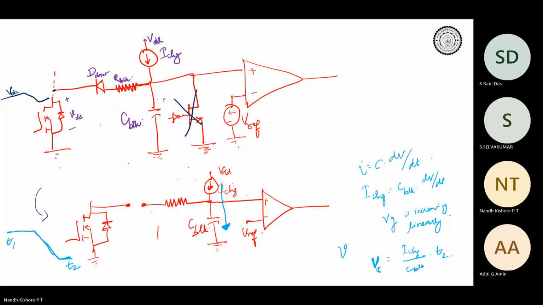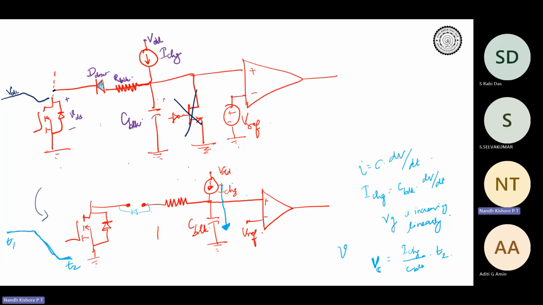So now what happened is at T2 or beyond T2, VDS decreased to such a very low level that this diode got forward biased.